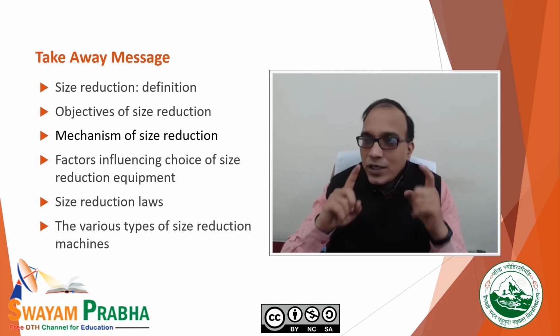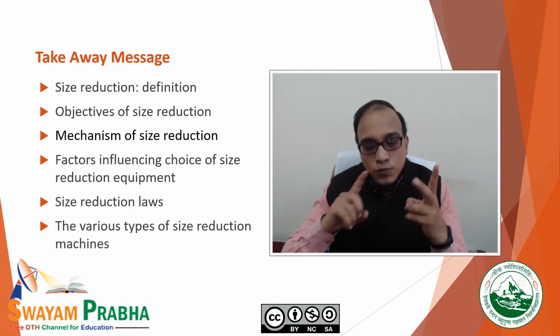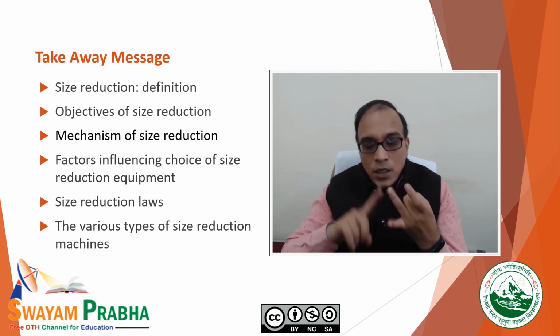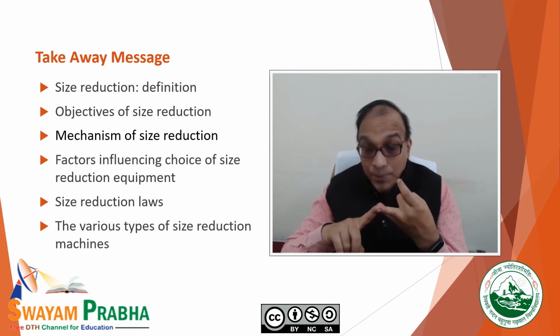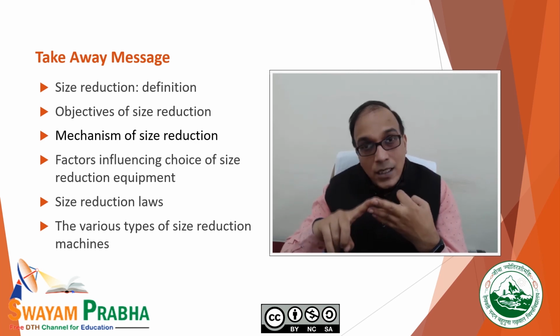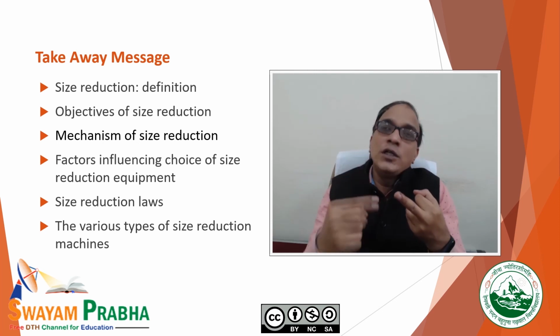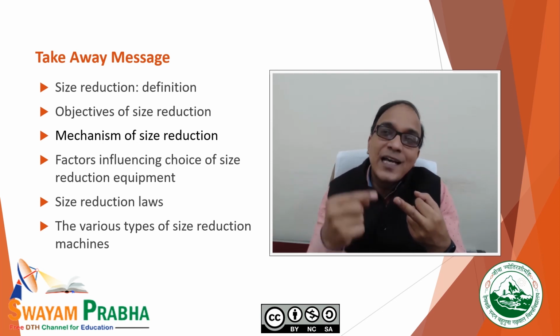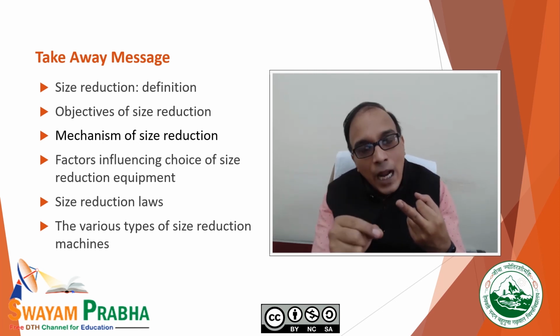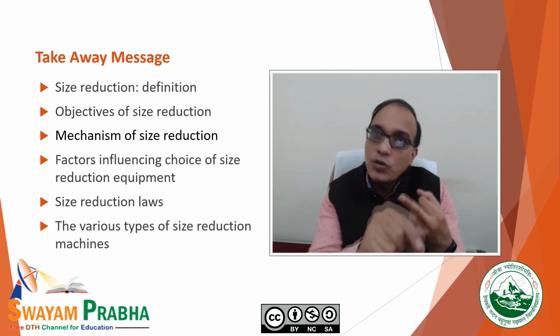For these mills, what is the basic thing you should do? Number one, the basic principle. Number two, the basic mechanism. Number three, the diagrammatic representation of the construction, and you can also show the process of size reduction with the help of a ray diagram on that particular construction diagram.